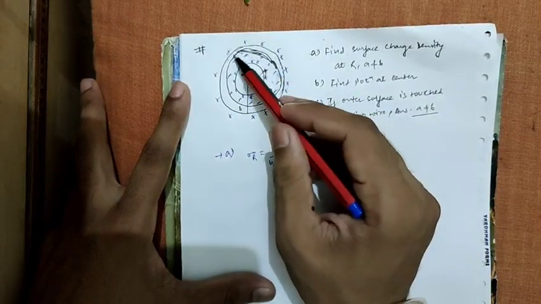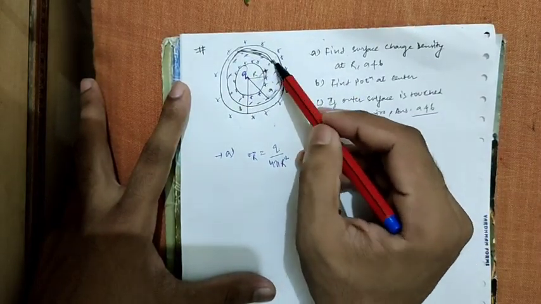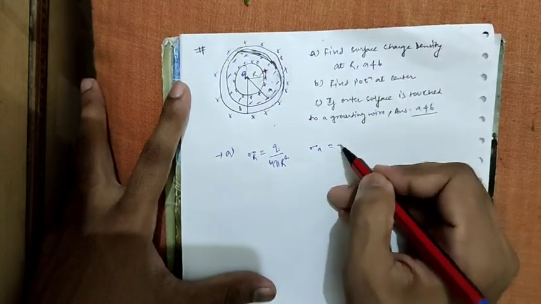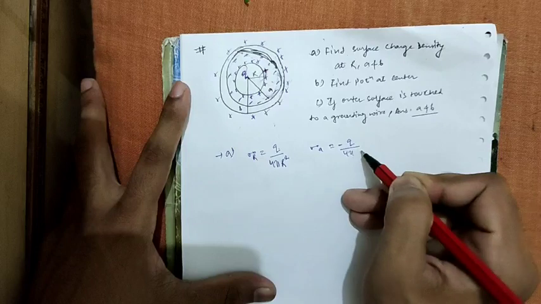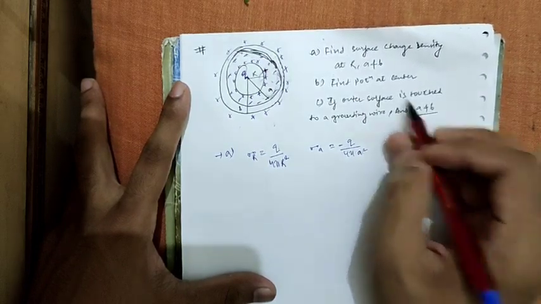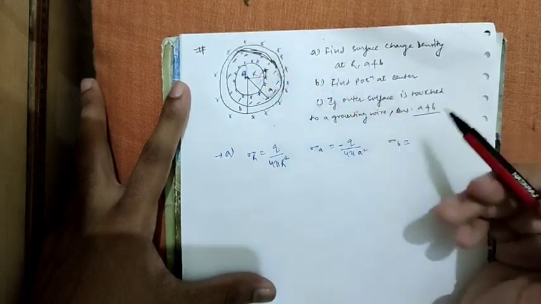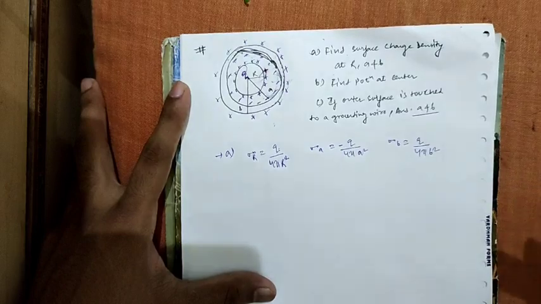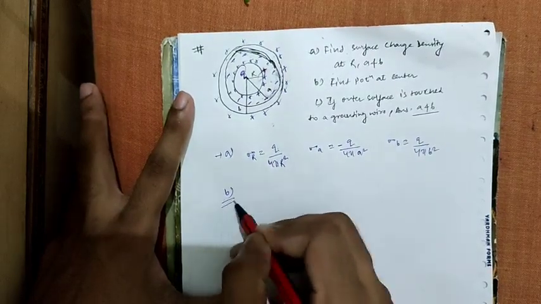Now the charge at a is negative q, so we can say that it is minus q by 4 pi a square, and the surface charge density at b is plus q, which equals q by 4 pi b square. Okay, now let's move on to part B.